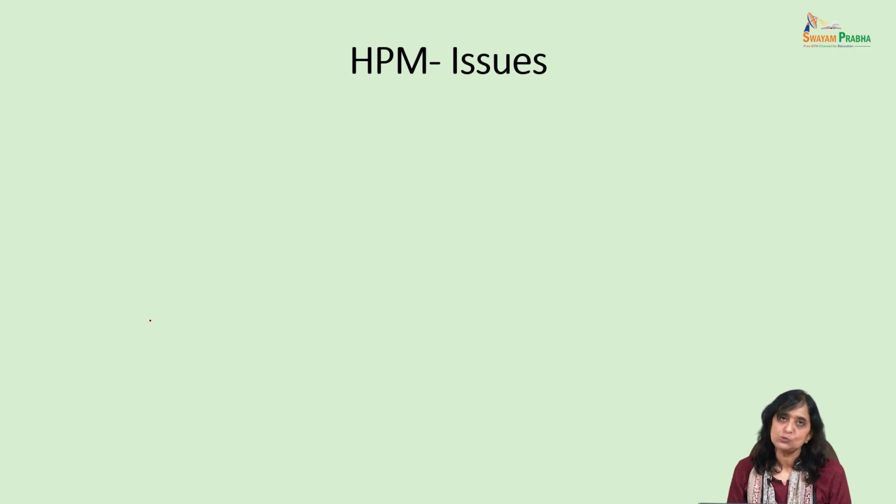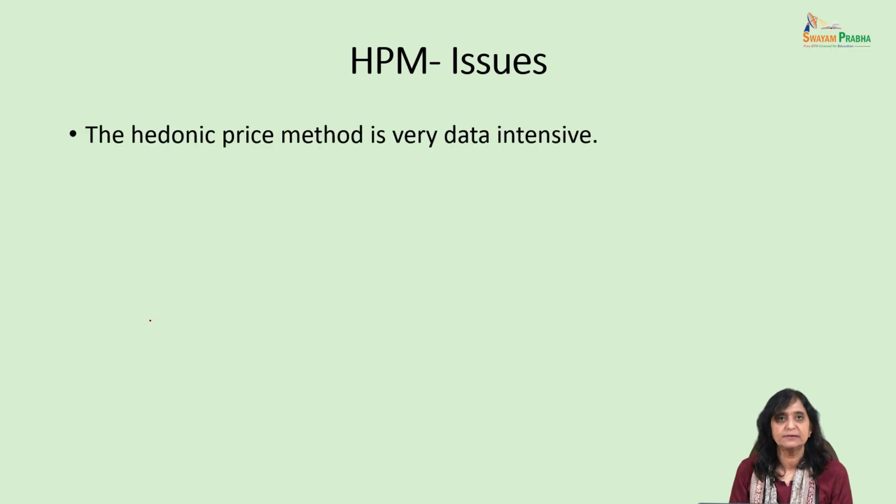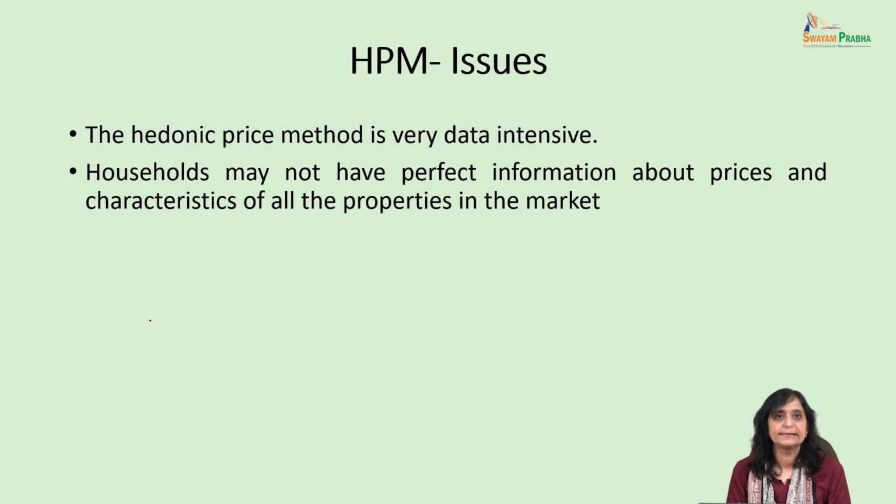But HPM is also not without certain challenges. Let us have a look at the challenges of the hedonic price method. The first is that it is very data intensive, because you are calculating what value people are giving to what attributes. So it cannot be a very small sample size, and if you want to generalize it, you need very different localities with different characteristics, and only then will we be able to decompose the effect of each and every characteristic.